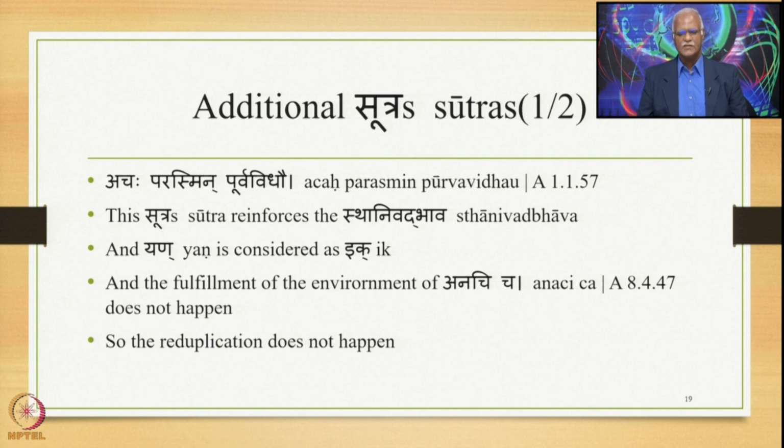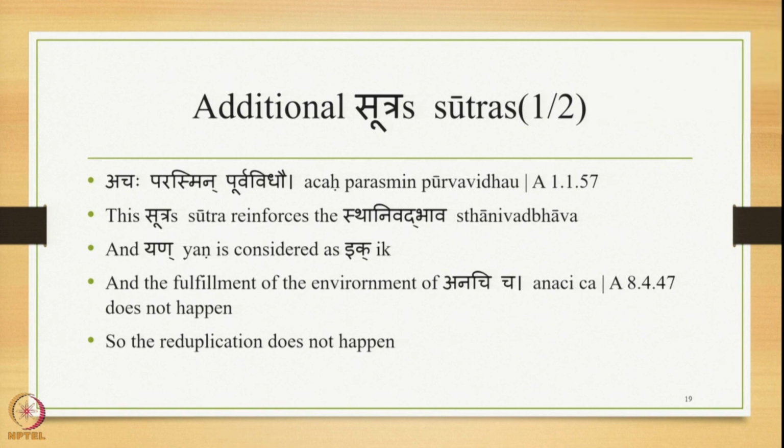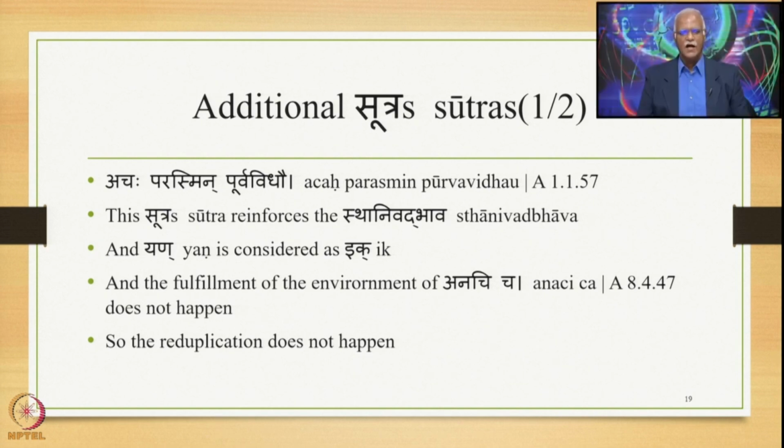So this makes the matters complicated, and this reinforces the sthanivat bhava and says that yan is considered as ik, and the fulfillment of the environment of anachicha does not happen, and so the reduplication does not happen. This is what is stated by achah parasmin purva vidhau, a very complicated sutra, which reinforces the sthanivat bhava in place of a vowel.